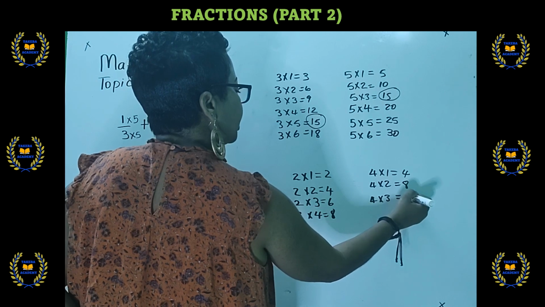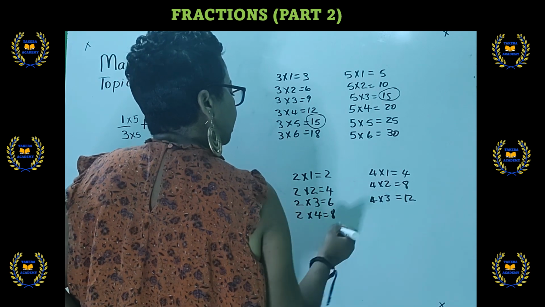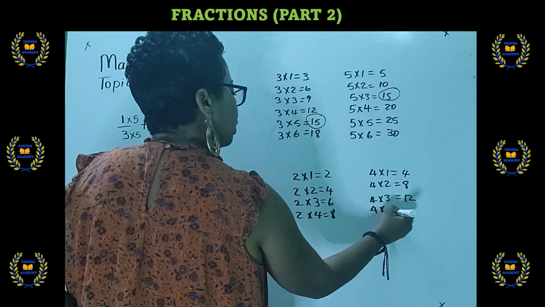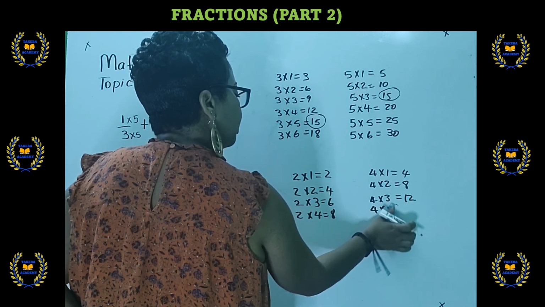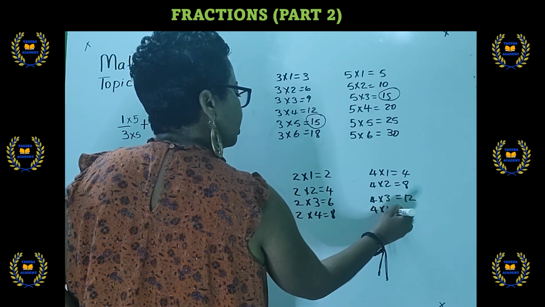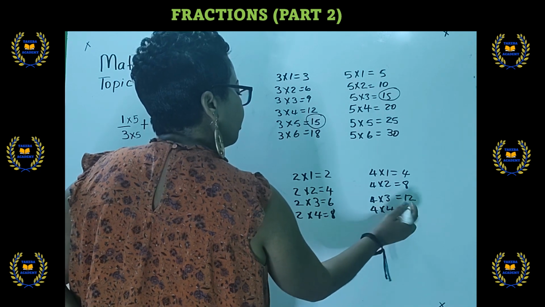And notice I'm just writing the multiples on the board, okay? And you can go as far as you need to go, but because I already know what the answer is going to be, I'm not really going very far.